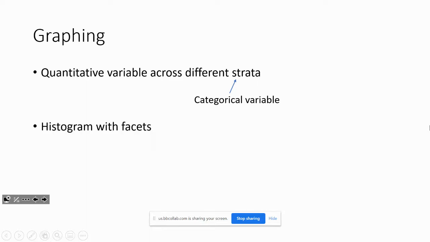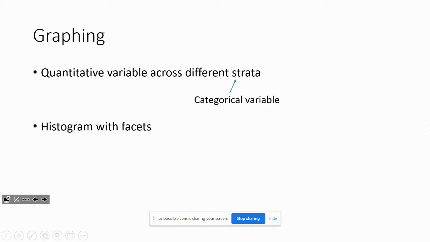So we used a histogram with facets, where the facets refer to different subgraphs for the different groupings, the different strata. And the difference between a bar chart and a histogram is histograms are for quantitative variables, so where the order of the values on the x-axis is set, versus a bar chart, often the bars can be in alphabetical order or the order of frequency, or they can be rearranged.